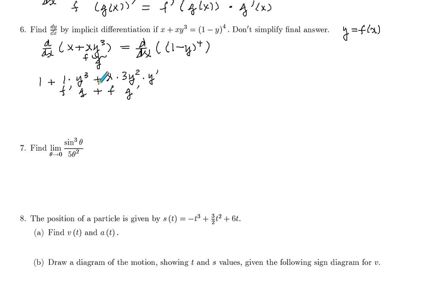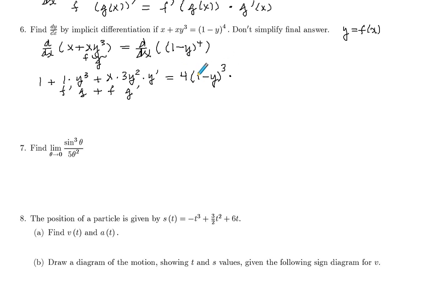So that's the left-hand side derivative, equals, and then the right-hand side derivative, this is a function, 1 minus y to the 4th power. So power rule for functions. So 4 comes down in front, times 1 minus y, decrease your exponent by 1, and then times the derivative of this inside function.